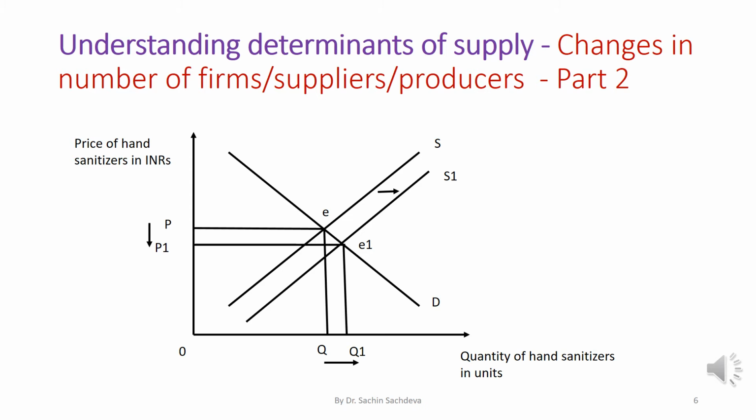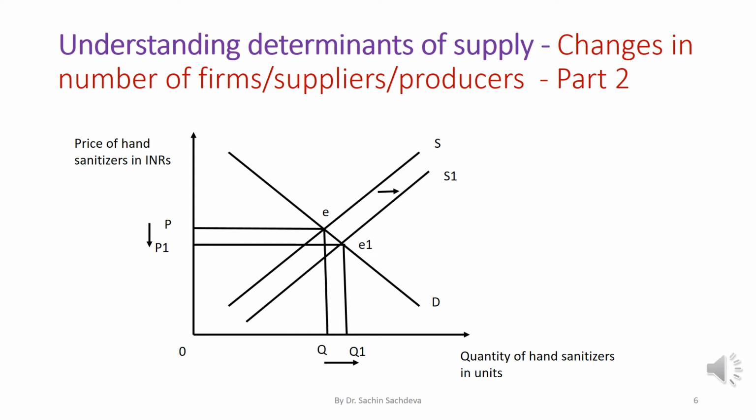Original demand and supply curves means the curves initially when there was no change in any of the determinants of supply. So the demand curve D was intersecting the original supply curve S at E. E indicates market equilibrium. At market equilibrium, the equilibrium price is denoted by P and equilibrium quantity by Q.